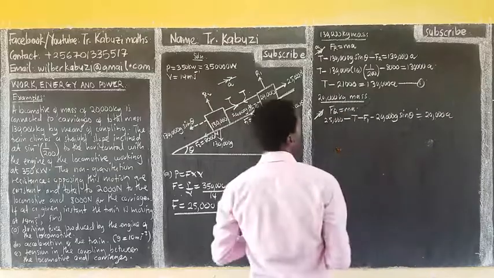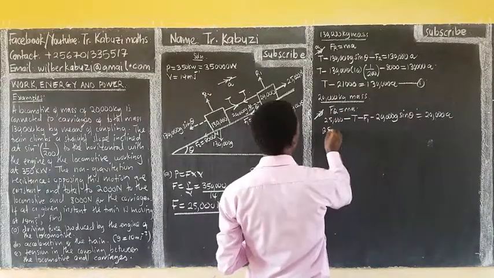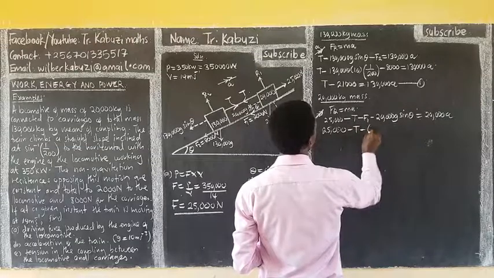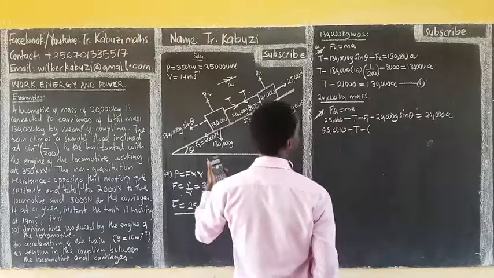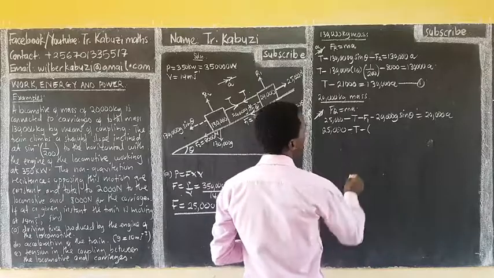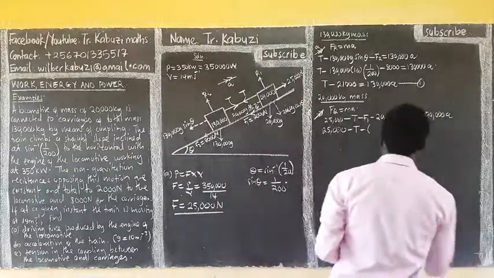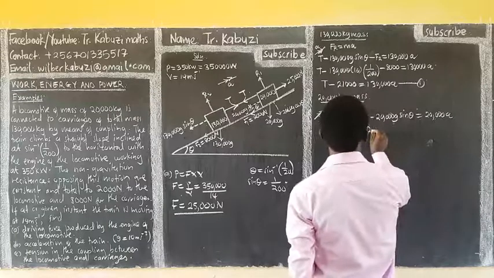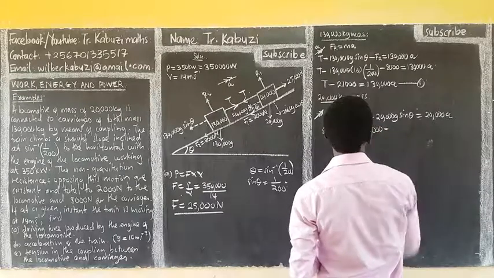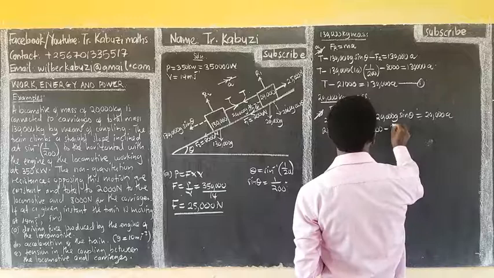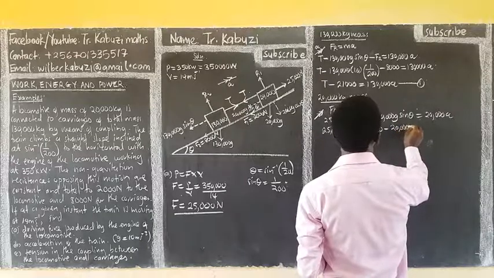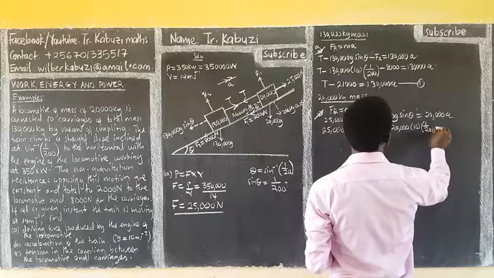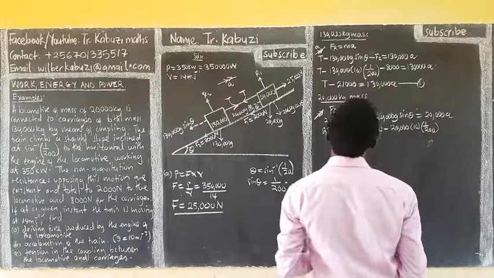So if we substitute there, we have 25,000 minus T minus F1, our F1 this time is 2,000, minus now 20,000 into 10 into 1 over 200.